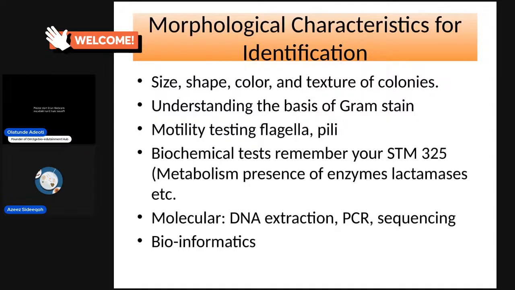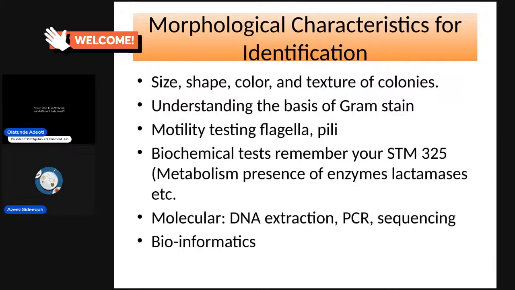So then there are some you identify through their motility, motility testing. And there are some that you have to remember from your STM325 that has to do with metabolism, the ability to metabolize glucose into pyruvic acid or into CO2 and so on. You have to know that.